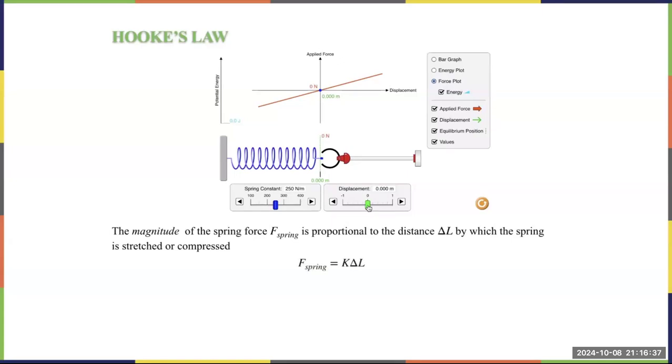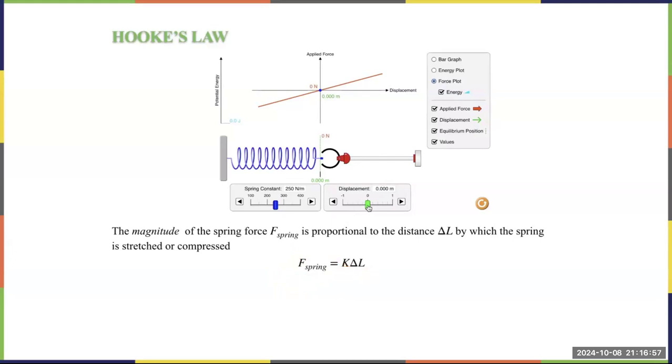Before we move into that, in this situation where my object is able to get back to its equilibrium conditions, the force of the spring is equal to k times delta L.